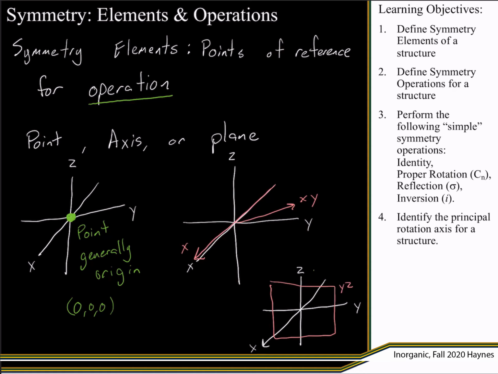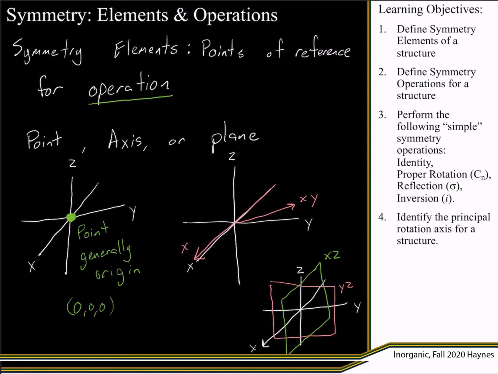We could also draw our XZ plane, and there's also our XY plane. And so these are the points of reference that we're going to use for symmetry operations. So again, we have points, axes, and planes. These are what we call the symmetry elements, and these are what the symmetry operations occur over.